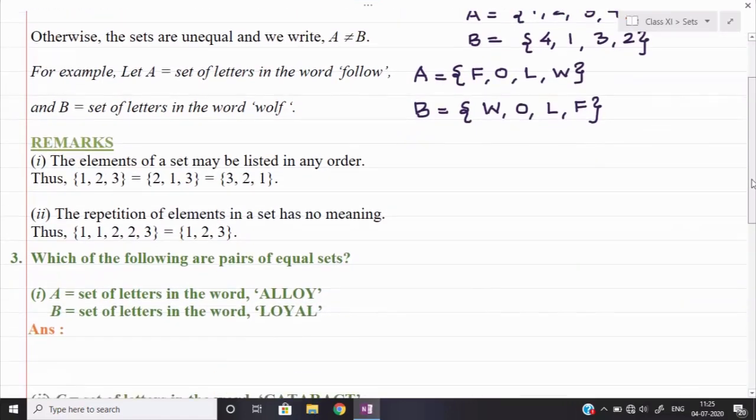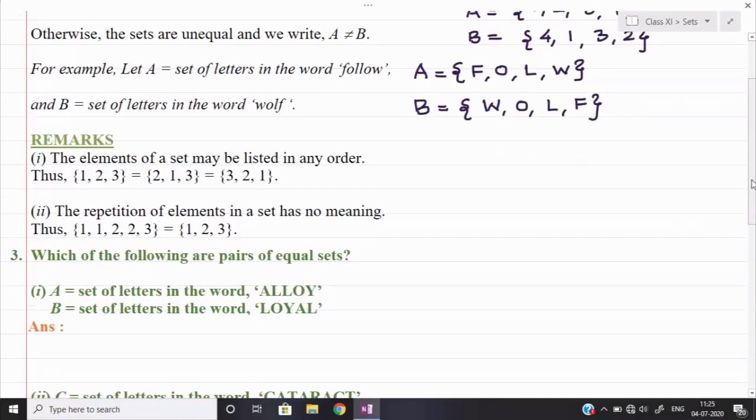They are saying the elements of a set may be listed in any order, as I told you earlier. 1, 2, 3 and 3, 2, 1 we shall treat in a similar manner. And the second remark is that the repetition of elements in a set has no meaning. Means in a set we don't repeat the elements. But suppose in the question they are repeating the elements and they are comparing with another set which does not have the repetition.